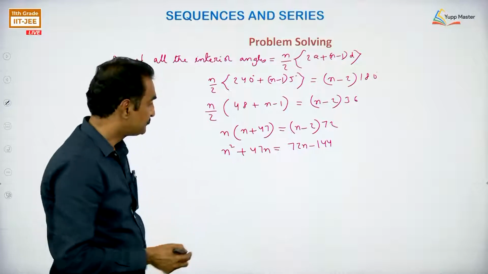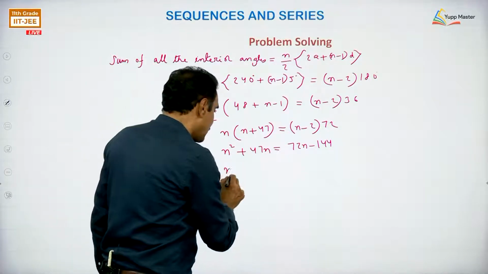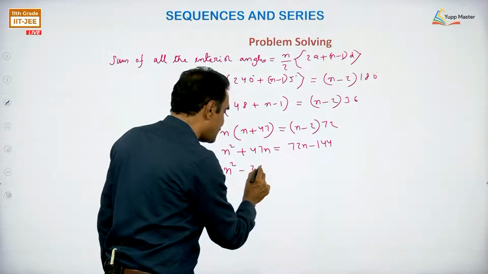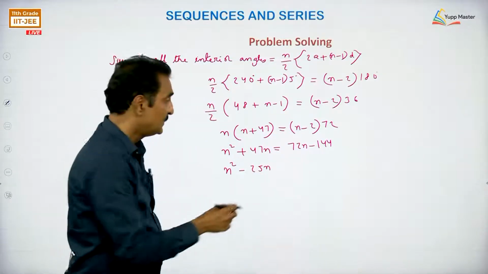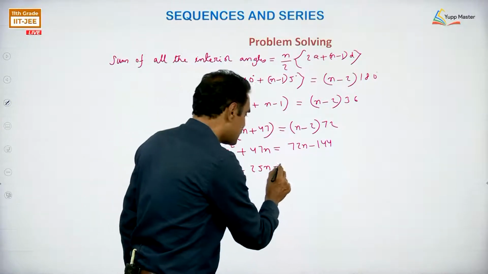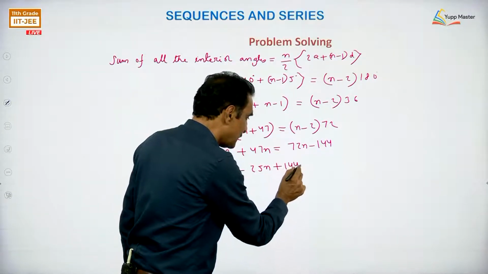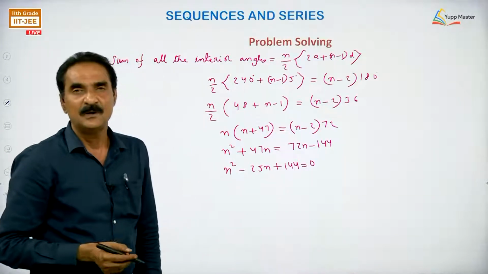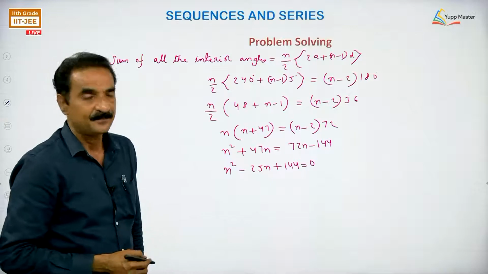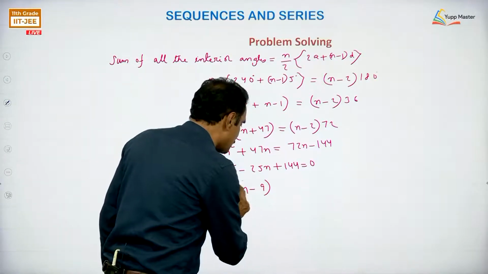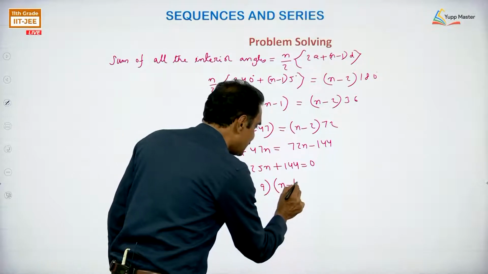Now, n square plus this minus this will be minus 25n. If minus 144 comes to the left side, it becomes plus 144 equal to 0. Now, if you factorize it, you will get n minus 9 into n minus 16 equal to 0.